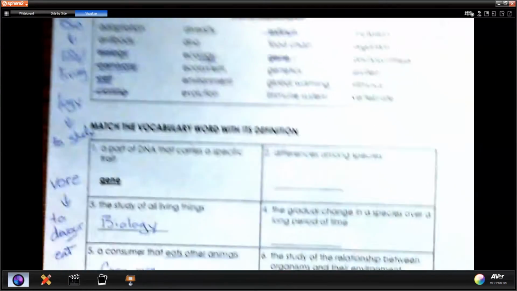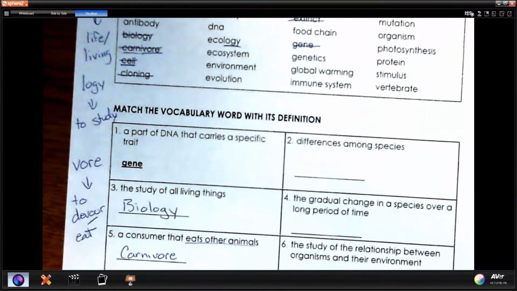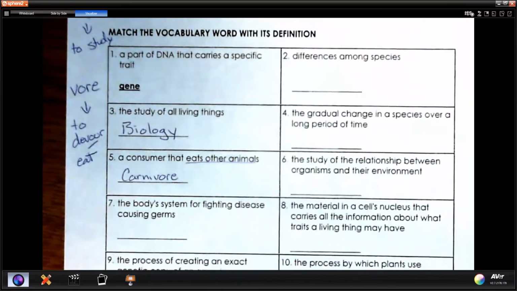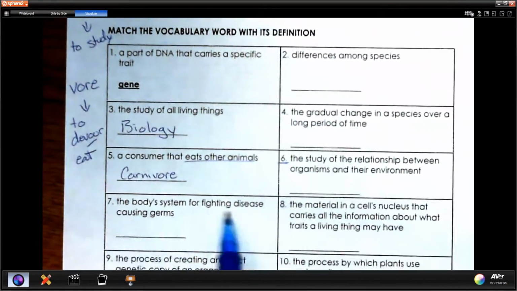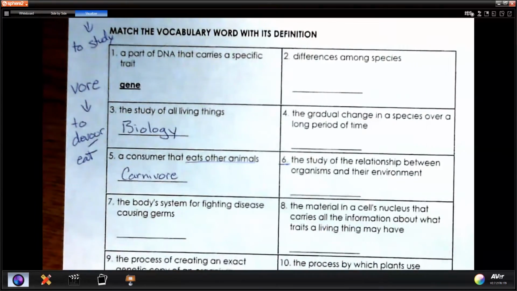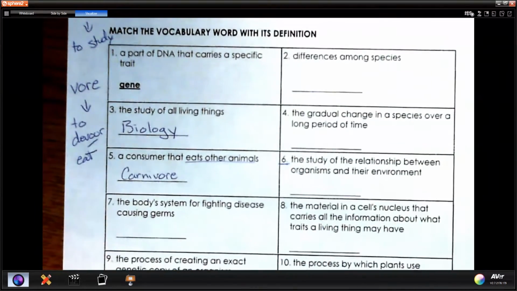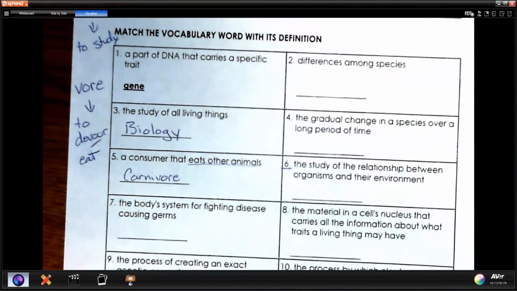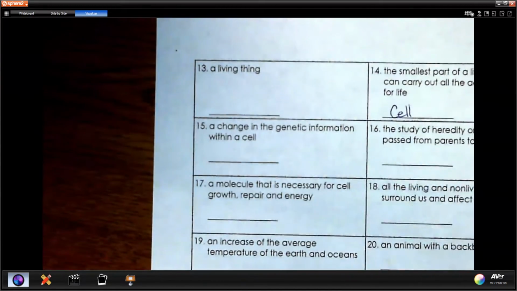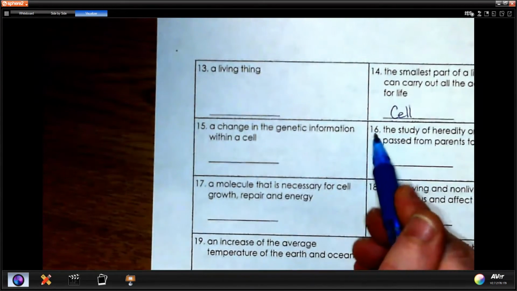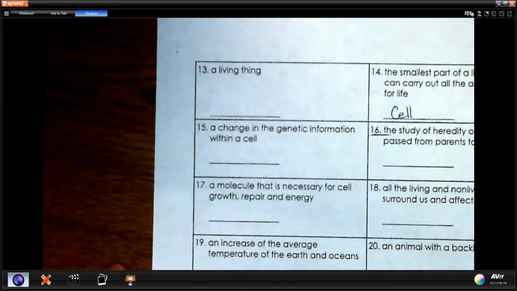Study of. So let's go through and see how many of these definitions have study of in them. So I see number 6 has the study of the body system, the materials in the cell, the process of creating, the process by which, in order to which, gradual change, differences, a living thing, a challenge. All right, so I have a different study.